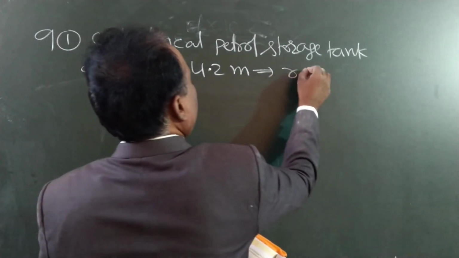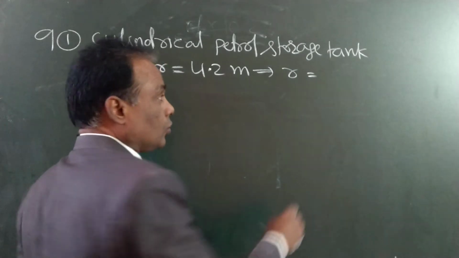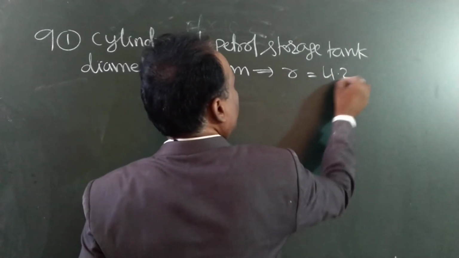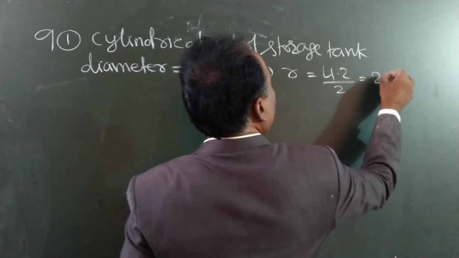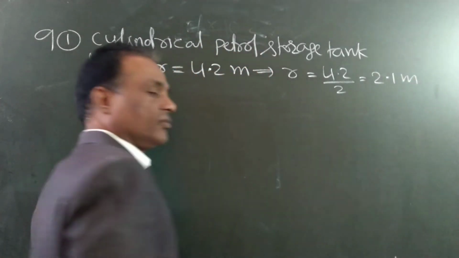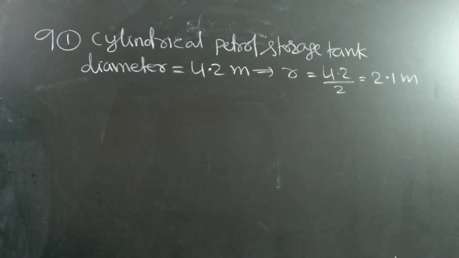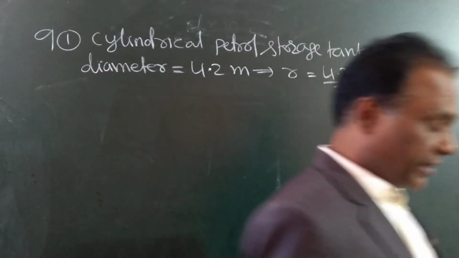So then radius is half of this, 4.2 by 2, 2.1 meters. Diameter 4.2, radius is 2.1.